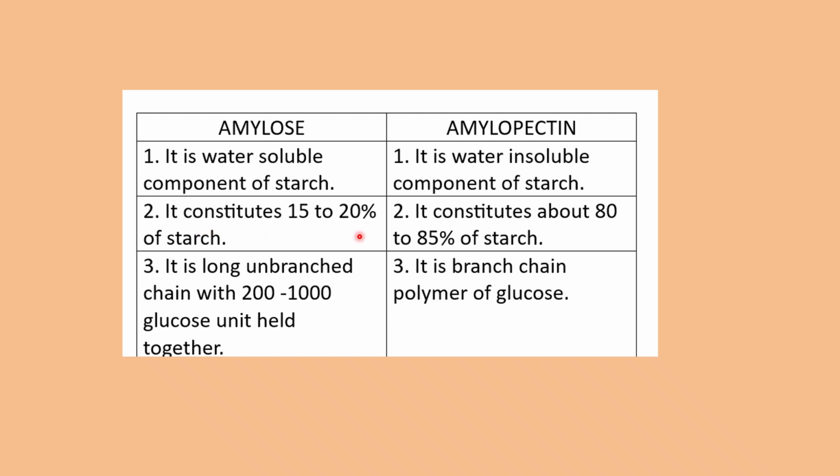Amylose is present 15 to 20% in starch, whereas amylopectin constitutes about 80 to 85% of the starch. The last difference: amylose is a long unbranched chain which contains 200 to 1000 units of glucose, whereas amylopectin is a branched chain polymer.